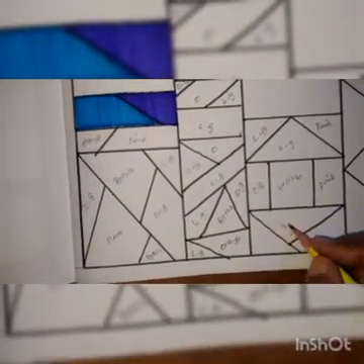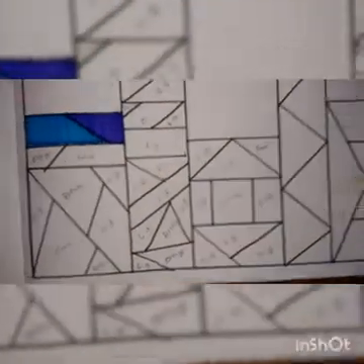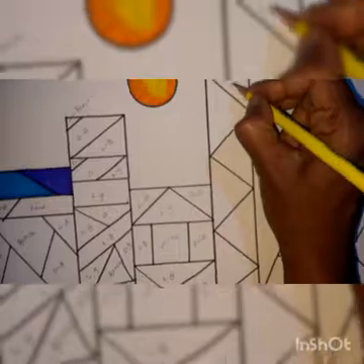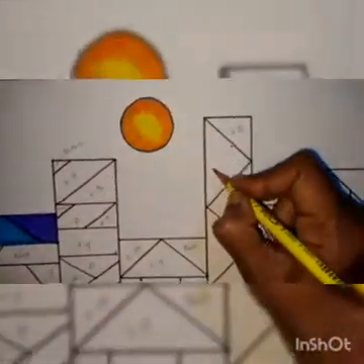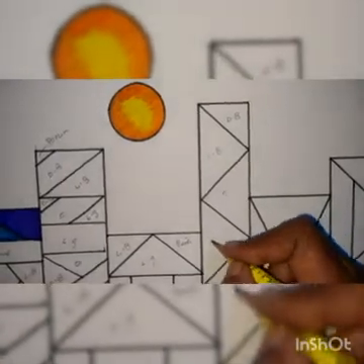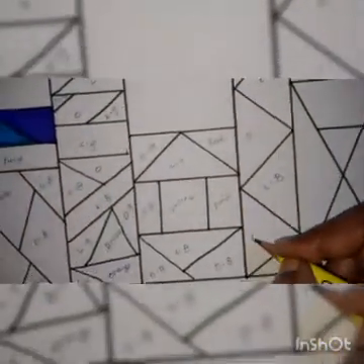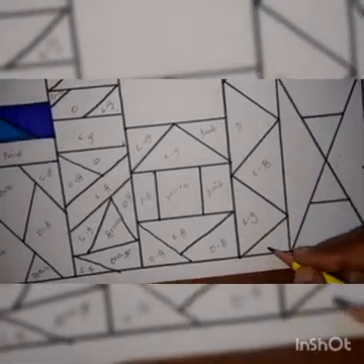Next light blue, dark blue, dark blue. Come here, do here dark blue, light blue, orange, pink, again light blue, light green, and here orange.